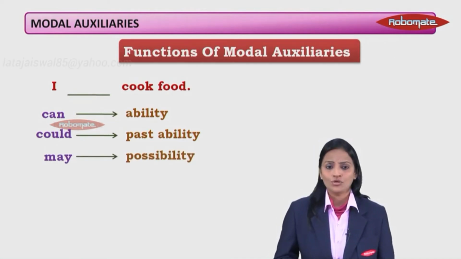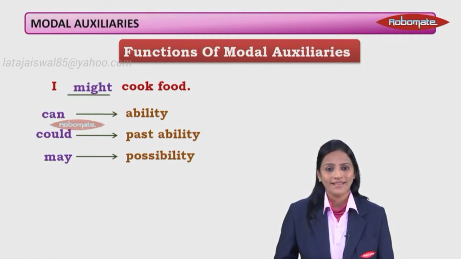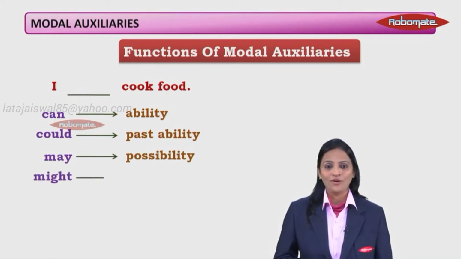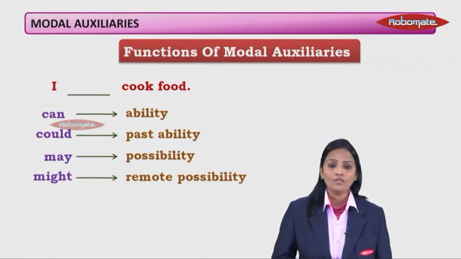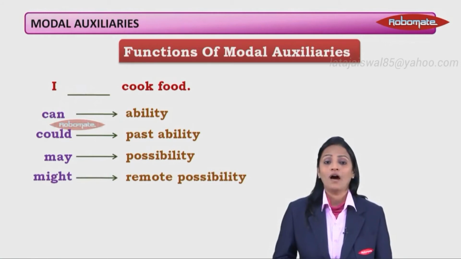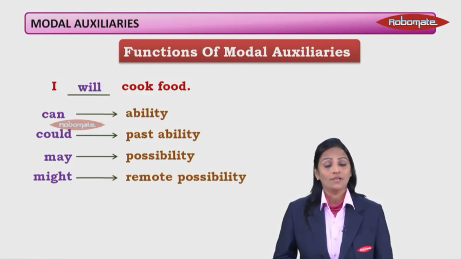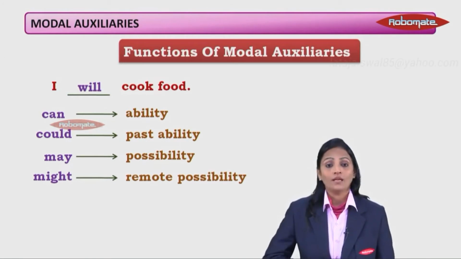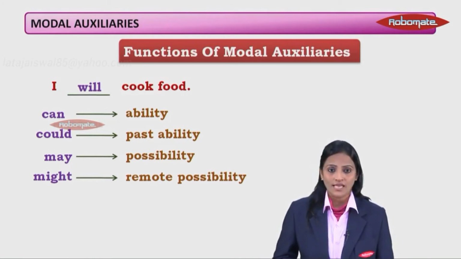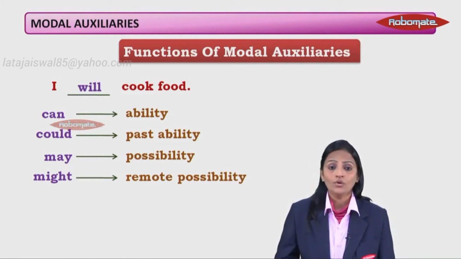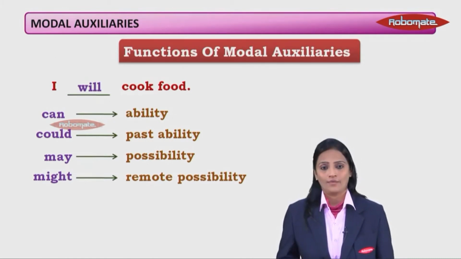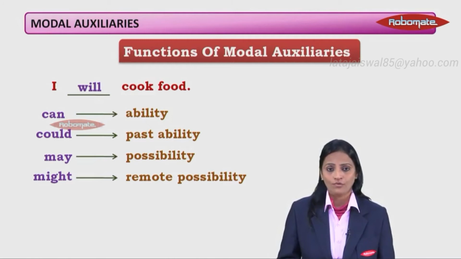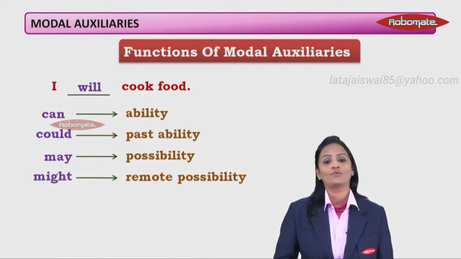If I'm not too sure, then I will use might. I might cook food would become a remote possibility, a faraway possibility. Similarly, if I say I will cook food. Now, students, we know that in order to create a future tense, a simple future, we use a shall with I. If I say I shall cook food, it's just talking about a future tense.